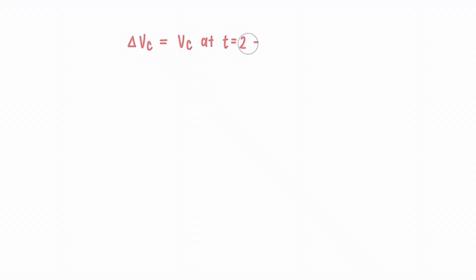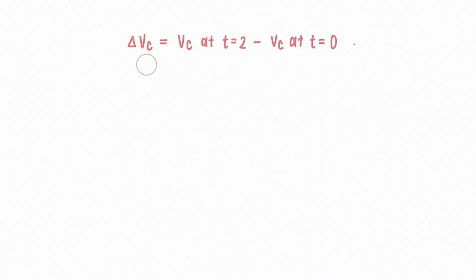Now, let's compare the change in velocity of the car. The change in velocity of the car is the velocity of the car at t equals 2 minus the velocity of the car at t equals 0. Since you have the values, that is square root 3 VR minus VR, which you can also rewrite as VR (square root 3 minus 1).